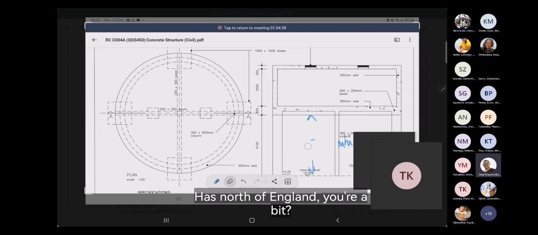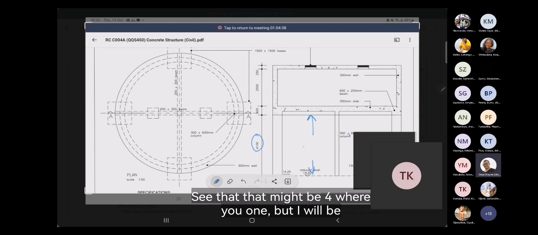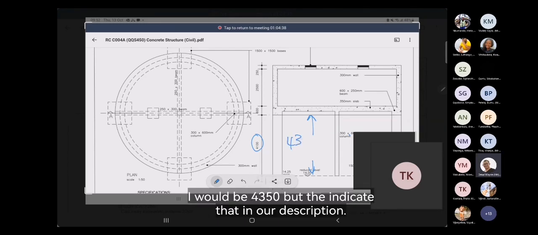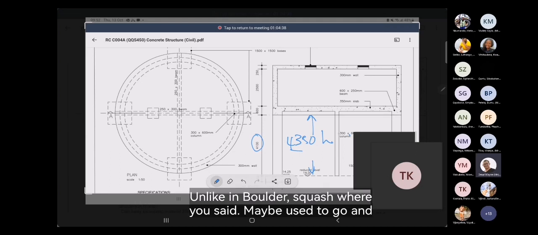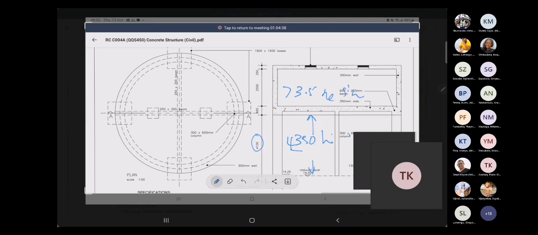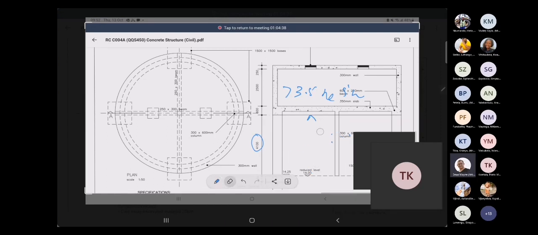That might be 4.1, but the height there would be different. The height would be more, 4350. But we indicate that in our description. Unlike in builders' quantities, where we would have said exceeding 3.5 or exceeding 5 meters in my description, we now indicate in the description what the actual height of the propping up is. That's just one aspect that I'm looking at.